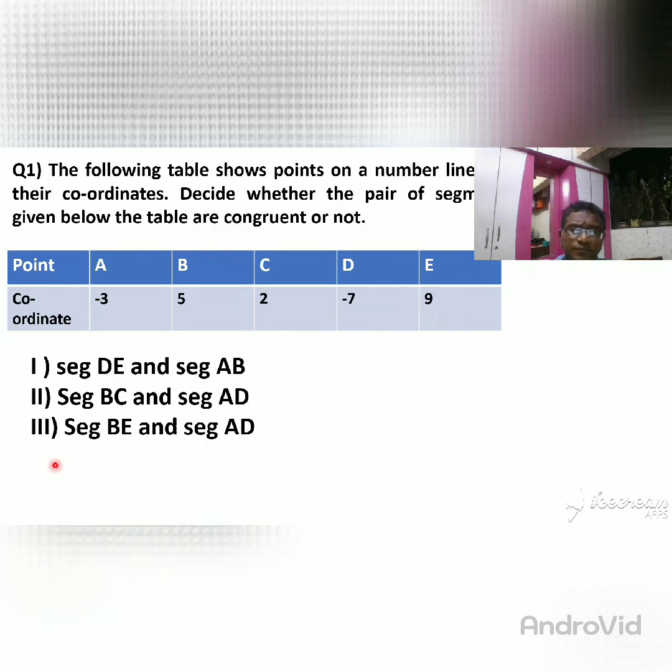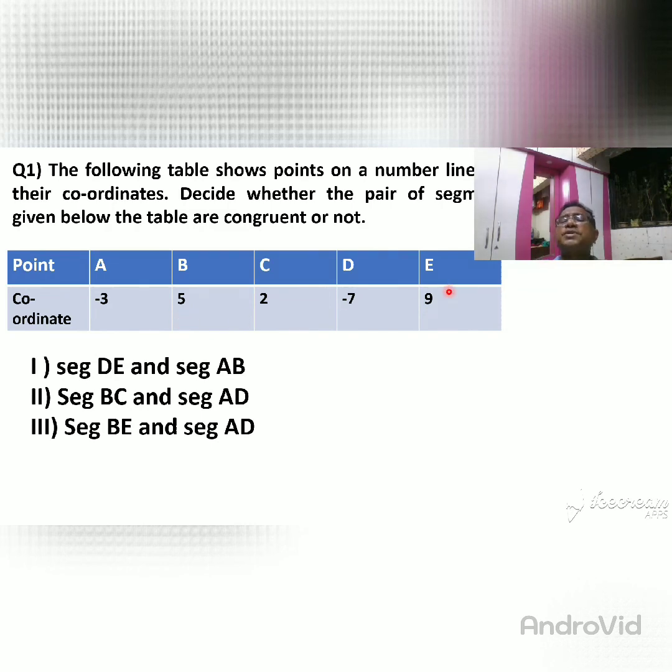Okay, first you can find the distance B. B coordinate is 5 and E coordinate is 9. So compare, this is the 5, this is the 9. Which is the greater number? 9. Yes, 9 is the greater number than B's 5.